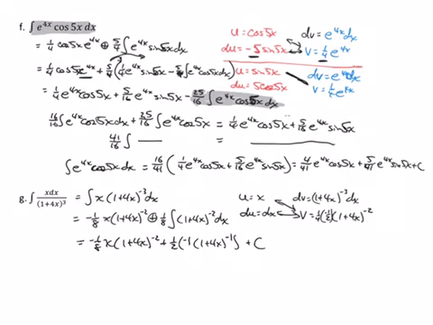And if we want to make things look like they did at the beginning, it would be x divided by 8 times 1 plus 4x squared, minus, and there should be a negative there as well, 1/2 times 1 plus 4x, plus a constant. If you want an extra little challenge, try to solve this same problem, part G, using substitution only.